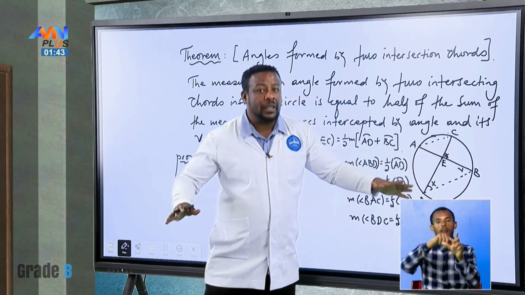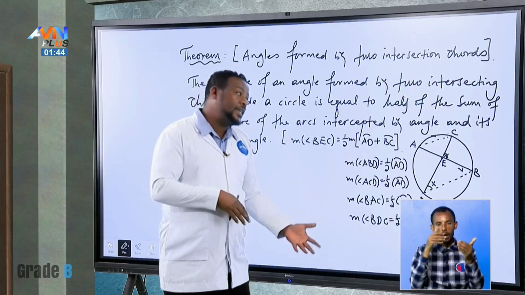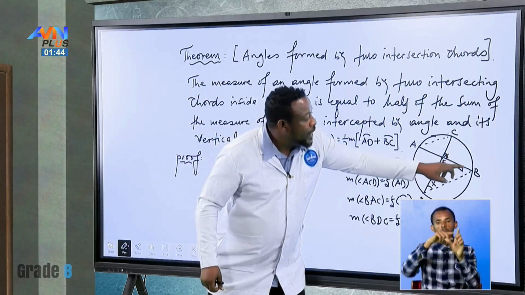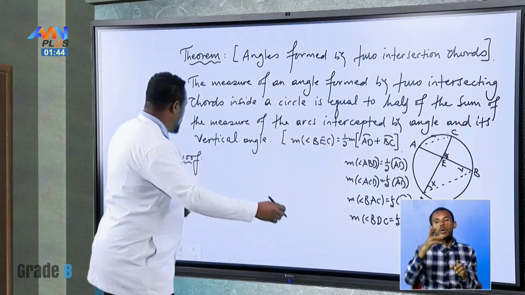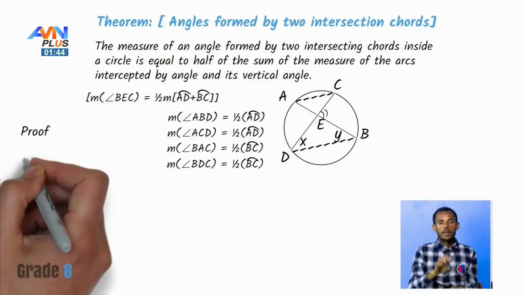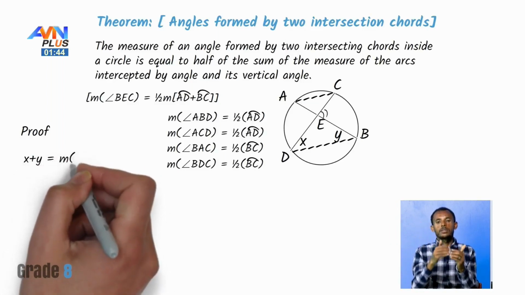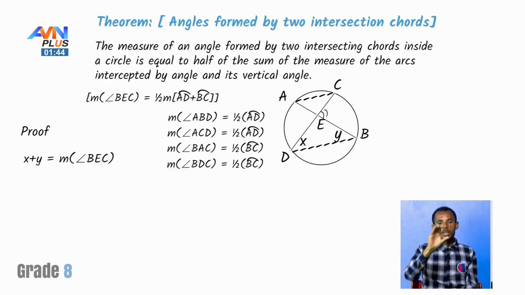We have seen the relationship between two remote interior angles and exterior angles. So these two angles will give us angle BEC. So X plus Y is equal to the degree measure of angle BEC.